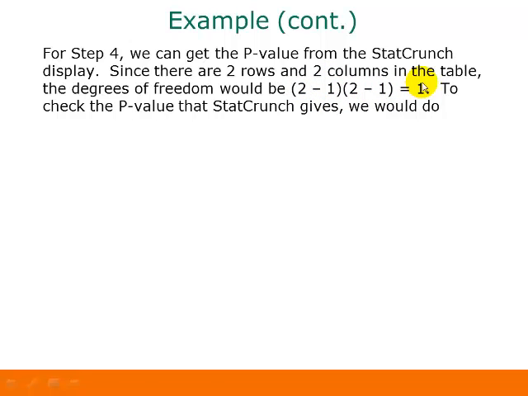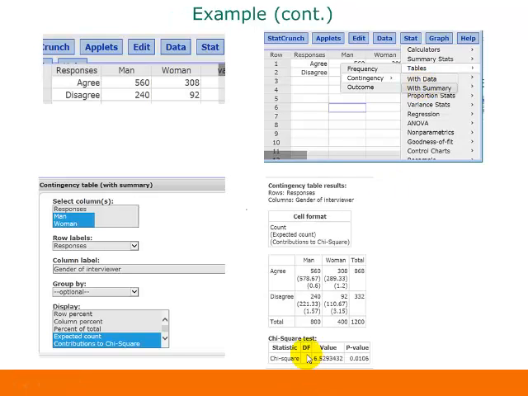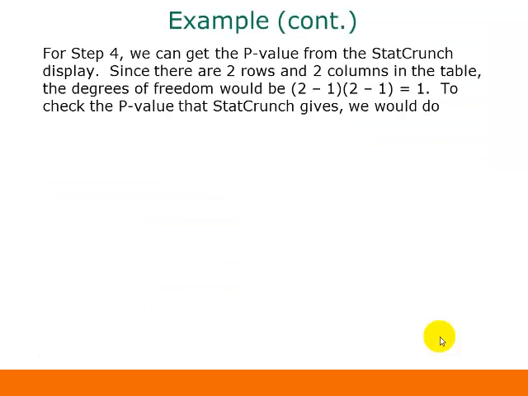So our degrees of freedom, if we look back here, was just 1. If we want to check the p-value that StatCrunch gave us, on our calculator we'd use chi-squared CDF. We put in the test statistic first and then a big positive number since this is a right-tailed test, and then we put in our degrees of freedom, and on the calculator this gives us 0.0106, which matches what StatCrunch gave us.